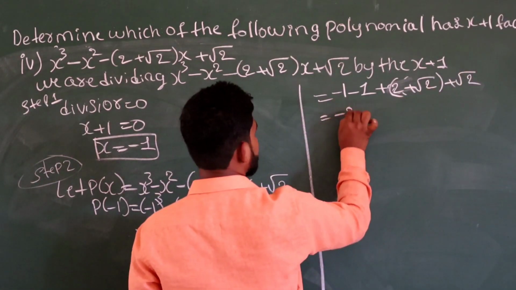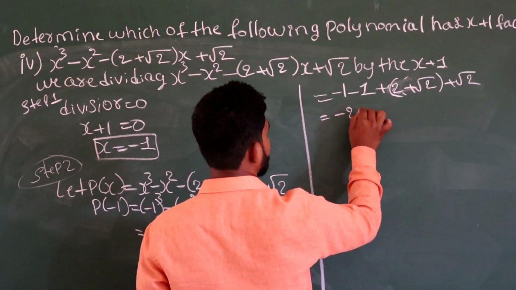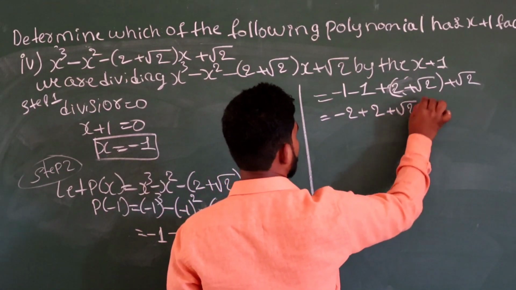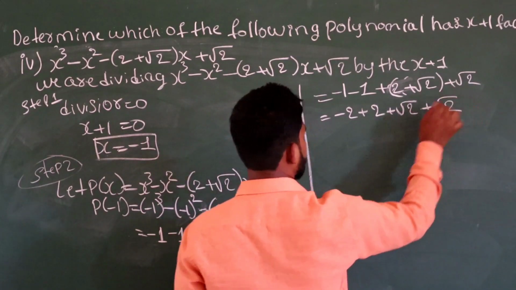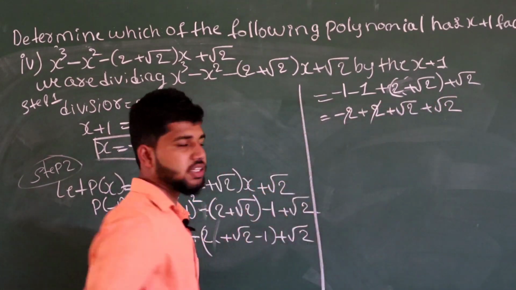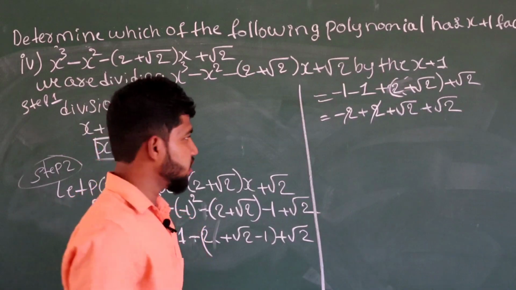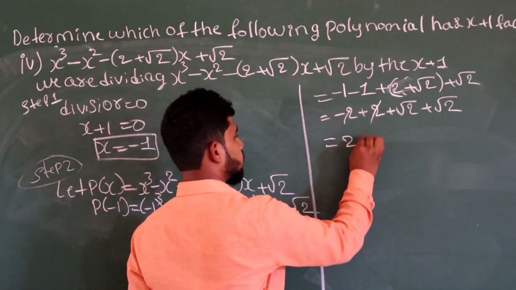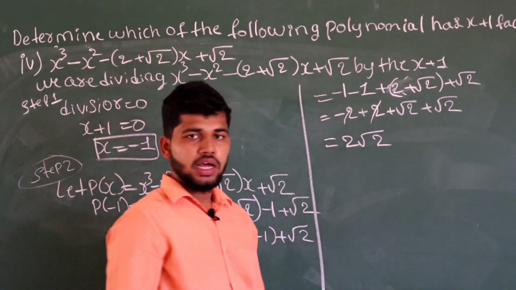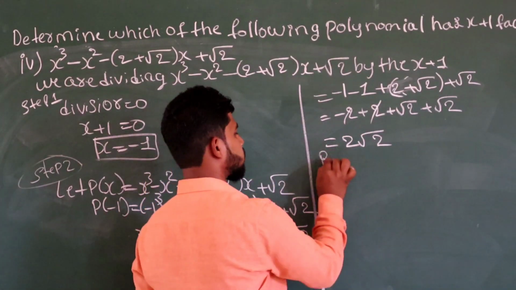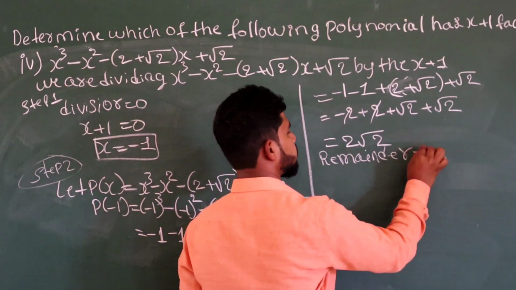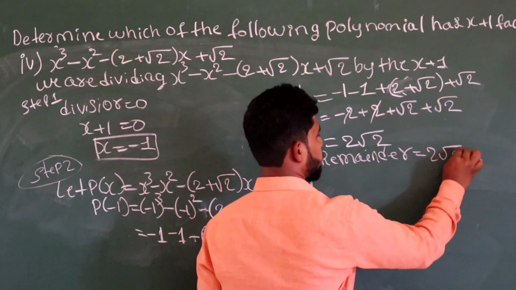Now minus 2 and plus 2 cancel, leaving root 2 plus root 2, which is 2 root 2. The remainder is equal to 2 root 2.